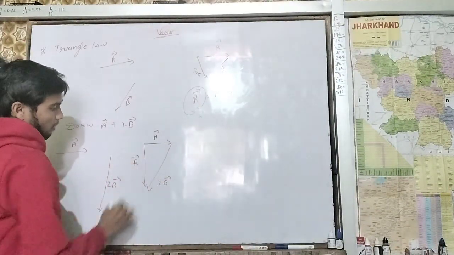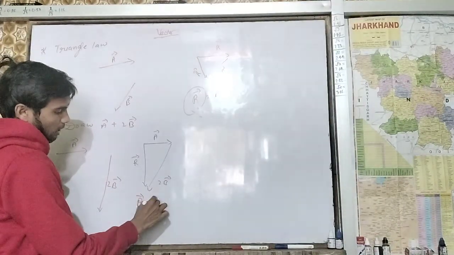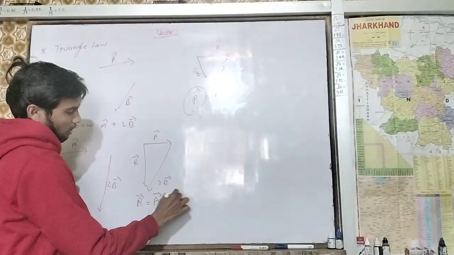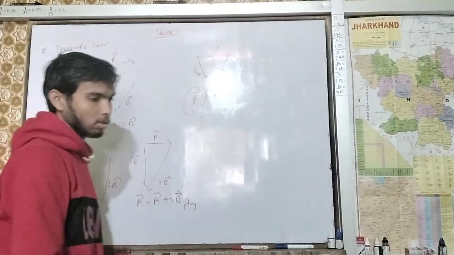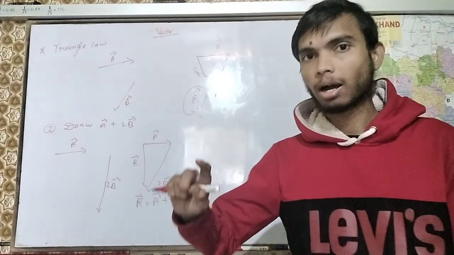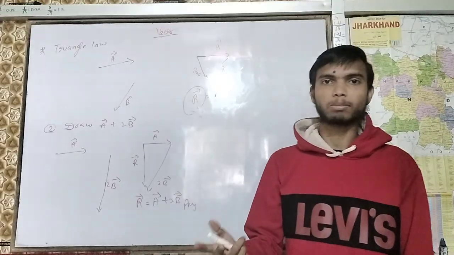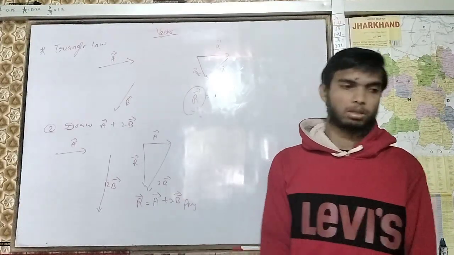This is our resulting for vector A plus 2B. This is our answer. That is how you will convert any given vector into 2 times, into 3 times.